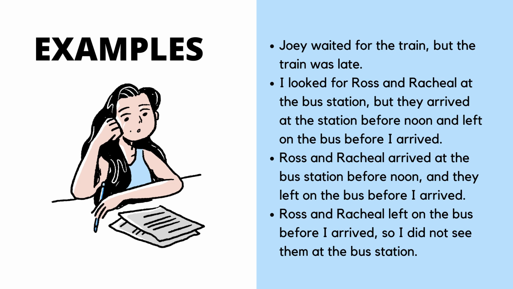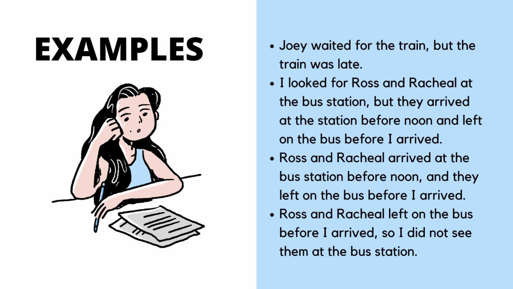Next, Ross and Rachel arrived at the bus station before noon and they left on the bus before I arrived. Here, Ross and Rachel arrived at the bus station before noon is the first independent clause, which is connected to second independent clause, they left on the bus before I arrived, using and.